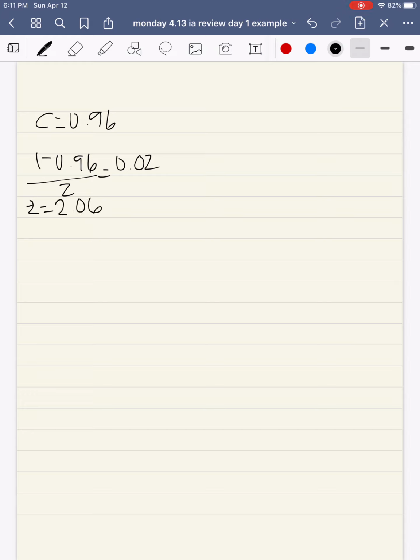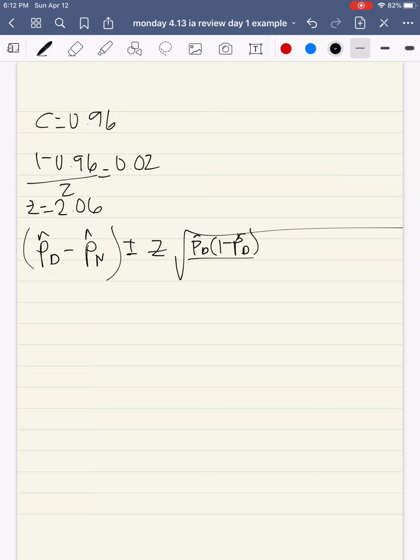So my formula here is p hat of d minus p hat of n, plus or minus my critical value times the square root of p hat d times 1 minus p hat d over n sub d, plus p hat n times 1 minus p hat n over n sub n. So that's my confidence interval formula. Now let's plug in what we know.